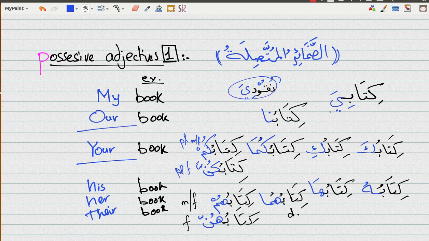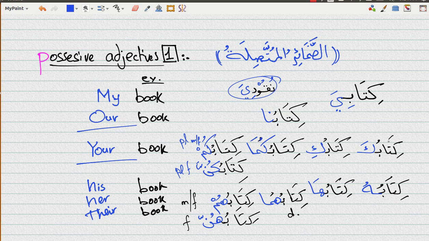Okay, again, كتابي, كتابنا, our book, كتابك, your book, كتابكما, your book, كتابكم, your book, كتابكن, your book. They're all your book, but depends on who you are talking to. And then you have his book, كتابه, her book, كتابها. If they're dual, you say كتابهما.